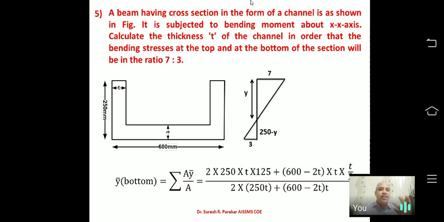So we equate these two, and the only unknown we have is t. So now we will go first from the bending stress. So now we have y upon 250 minus y equal to 7/3. That ratio is given. And knowing this, I am in a position to find the value of y. So we have cross multiplication, and that will give me the value of y equal to 175 millimeter. Now I know the total depth of the channel is 250.